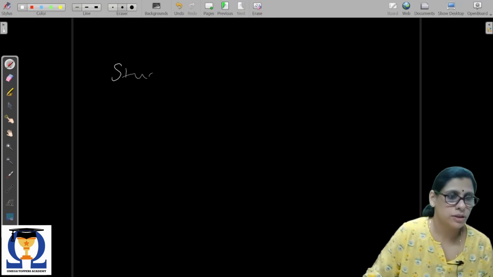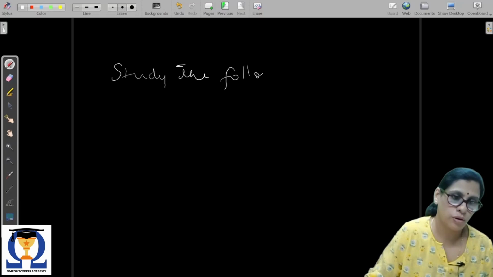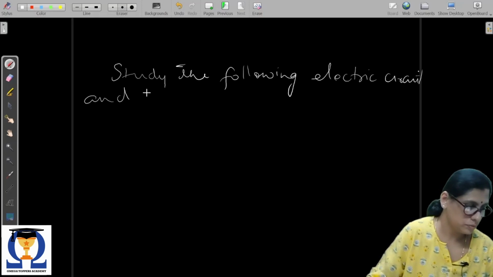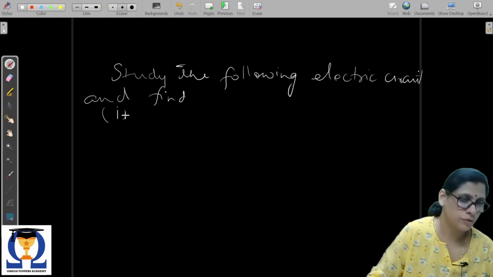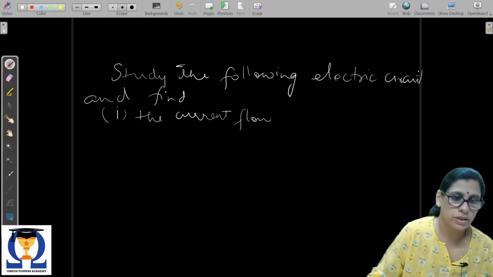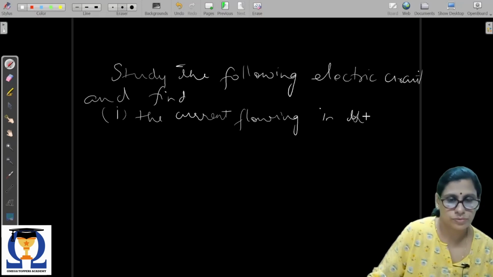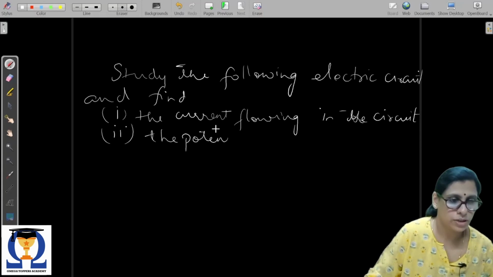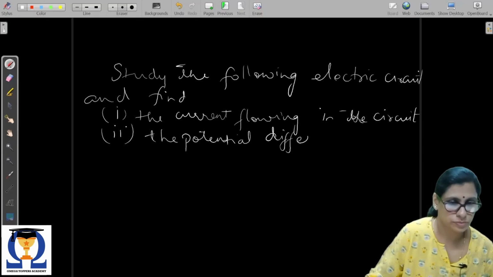The first problem is: study the following electric circuit and find, in this first one, the current flowing in the circuit, and the second one is the potential difference across the 10 ohm resistor.